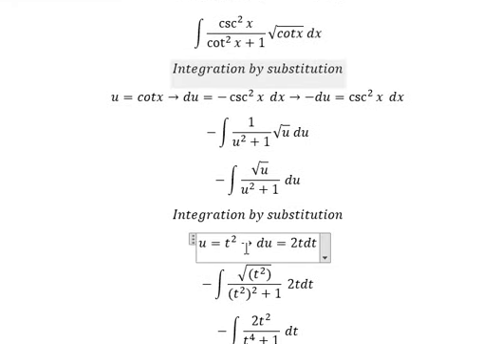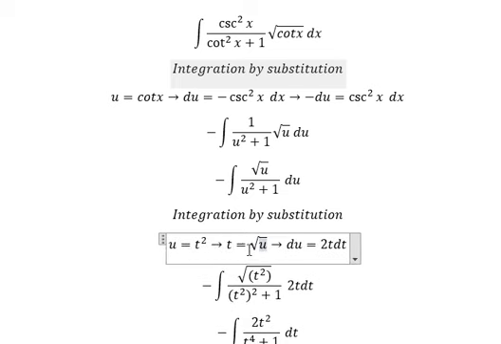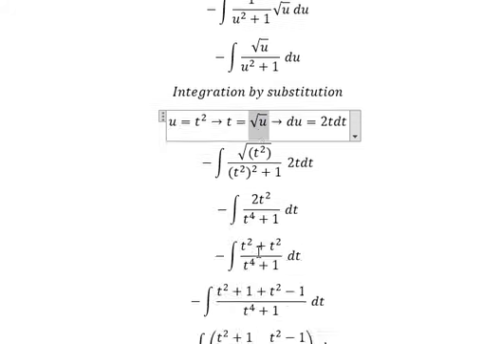So we take the square root of both sides, and we get t equals the square root of u. Now we need to change t into this one.